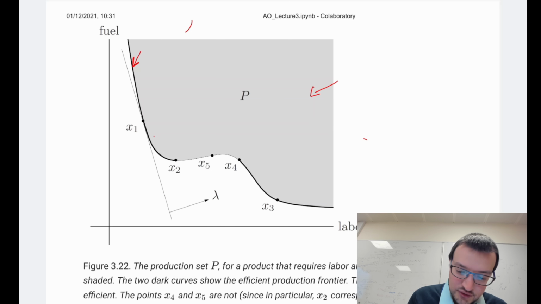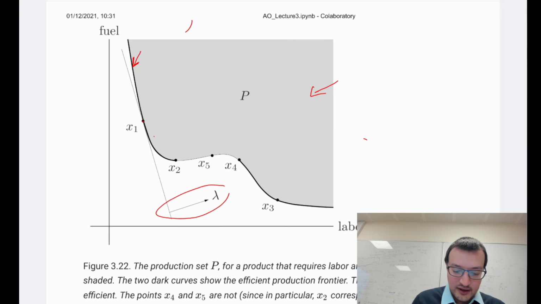This figure here is actually interesting because we can identify some differences between the minimal points that we have here. For instance, x1 is a minimal point that can be identified by finding a supporting hyperplane. x3 also is a minimal point that can be found by determining a supporting hyperplane.